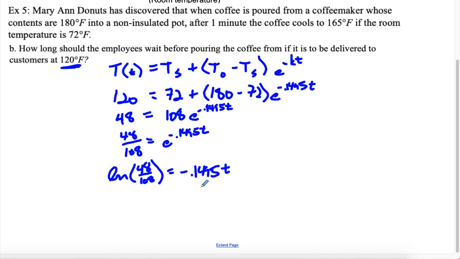And then just divide both sides by the negative k value. And I can put this whole thing into the calculator.